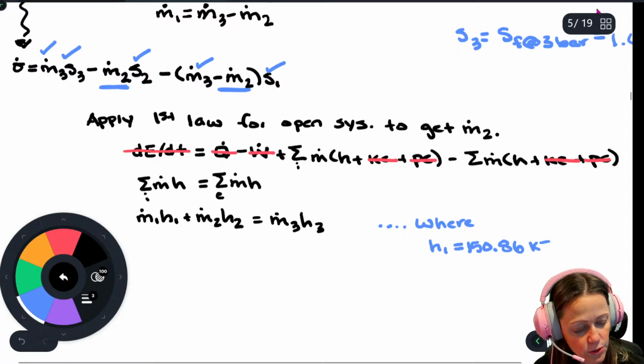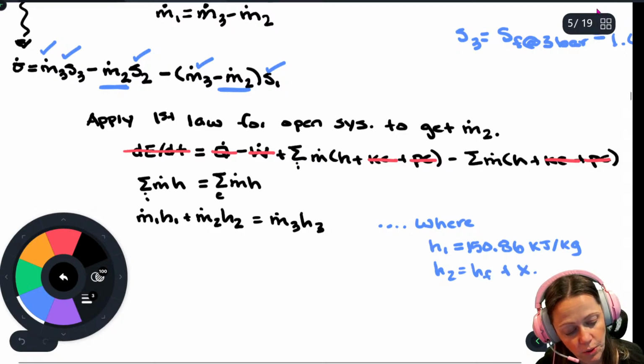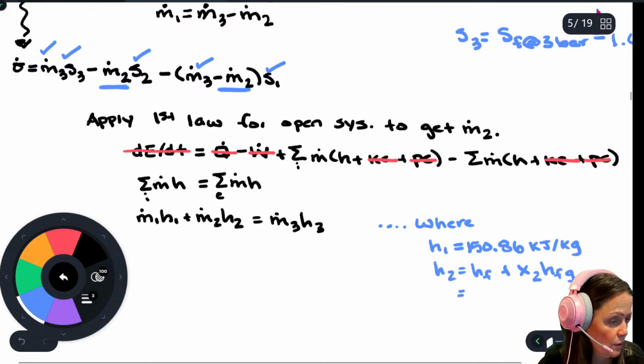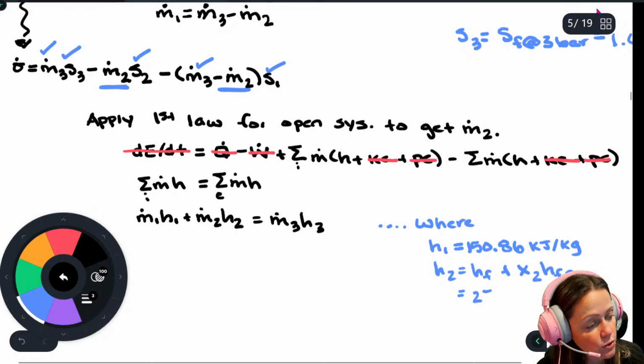For h2, we had a quality: h sub f plus your quality, 0.92, times your h sub fg. I believe you actually did have an h sub fg there at 3 bar, and I calculate 2552 kilojoules per kilogram again.